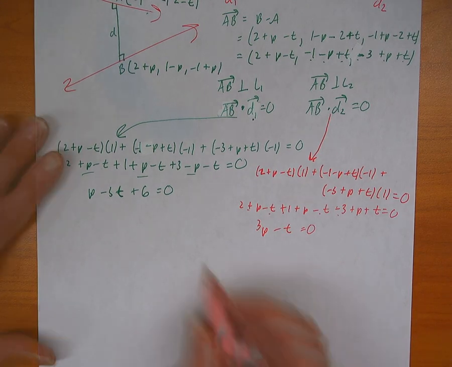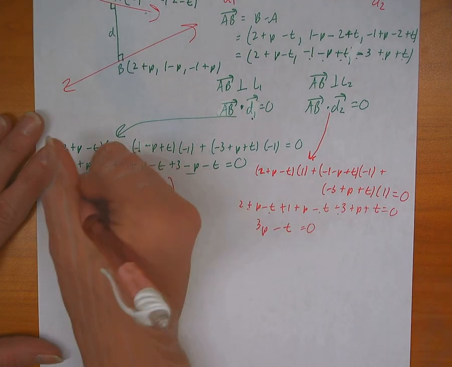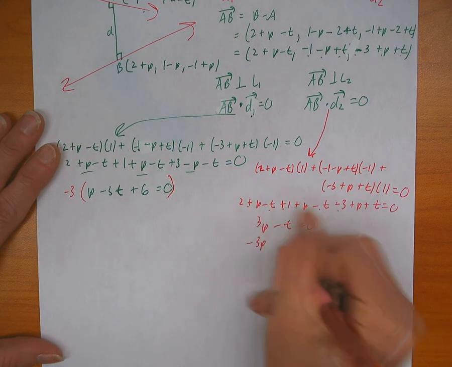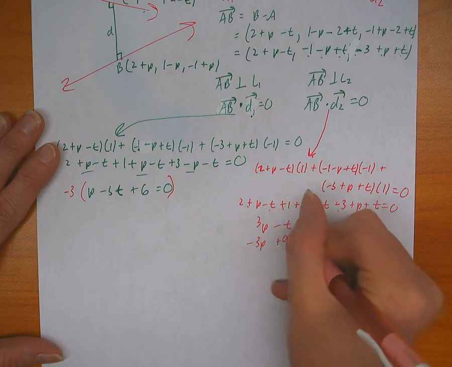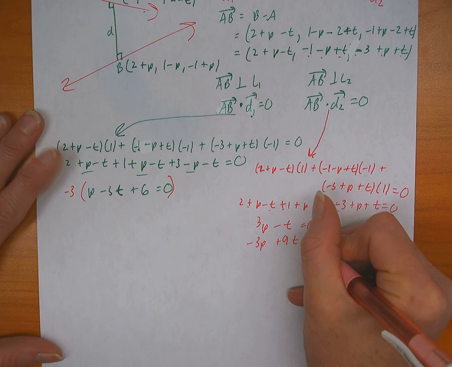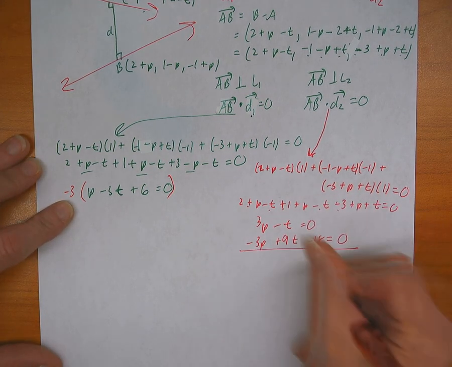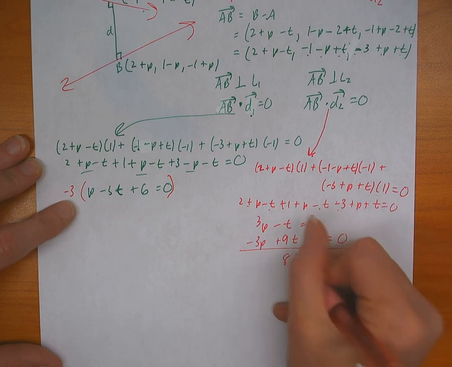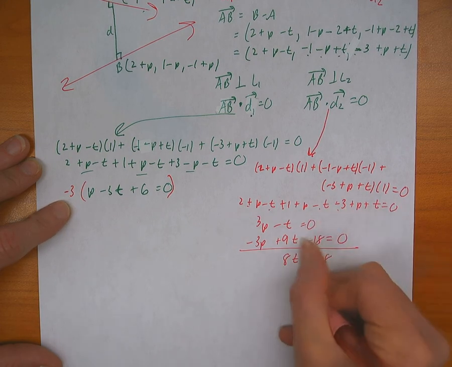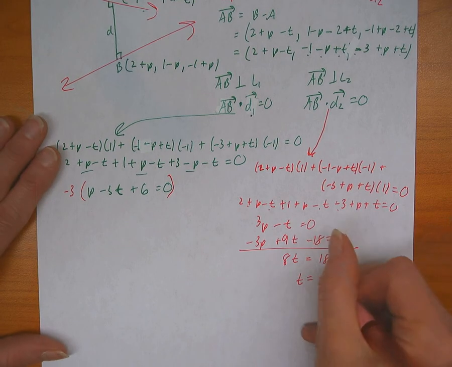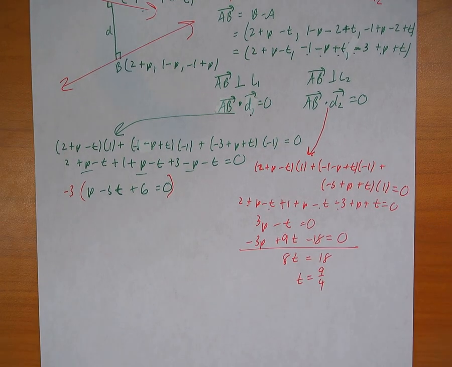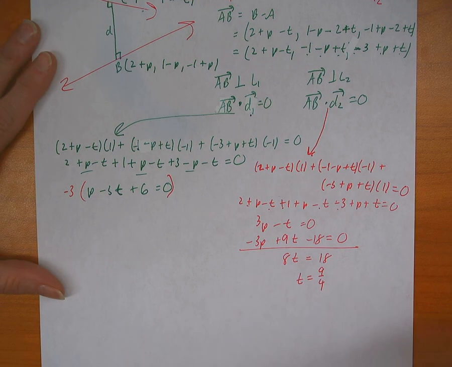So if I multiply this by negative 3, I'll get negative 3p plus 9t, and then we've got minus 18 equals 0. So I'll get 8t equals 18. So that's going to be 9/4 for my t. Okay, so now I can substitute that in and find s, or p, sorry.